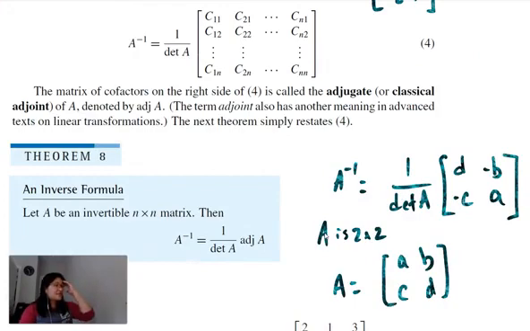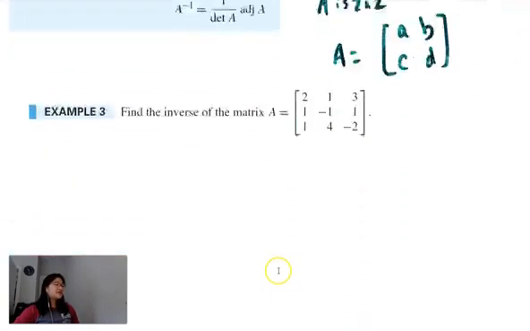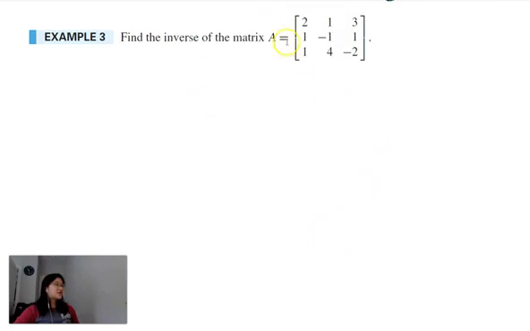For the main diagonal, the parity is going to be even, so we're not going to change our signs, and for off the main diagonal, the sign is going to change. Our cofactors for our submatrices are going to be like so. Alright, so using this, find the inverse of this matrix. So pause the video, try that out.